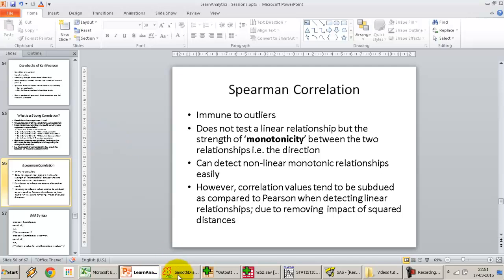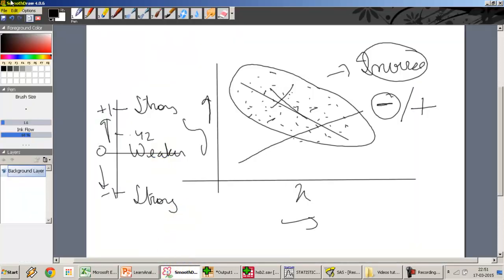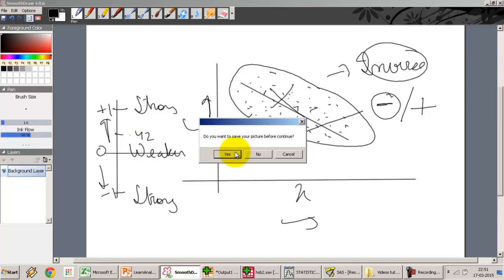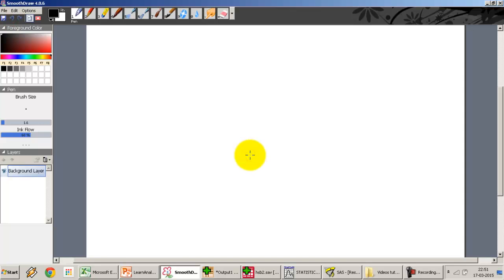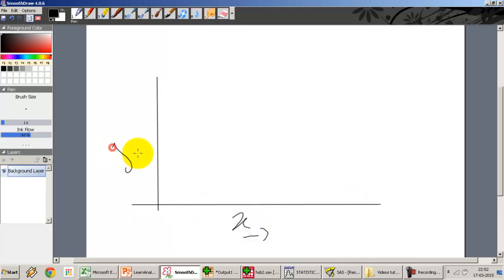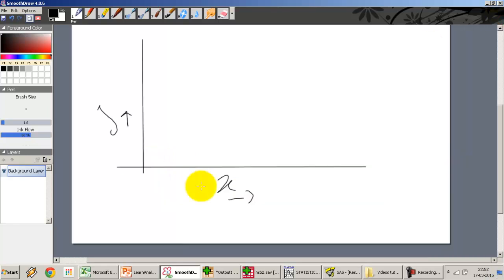By monotonicity, I'll try to draw it out. What does a monotonic relationship actually imply? It implies that if I plot x and y together, x is here and y is here, as x increases, y always continues to increase, something like this.